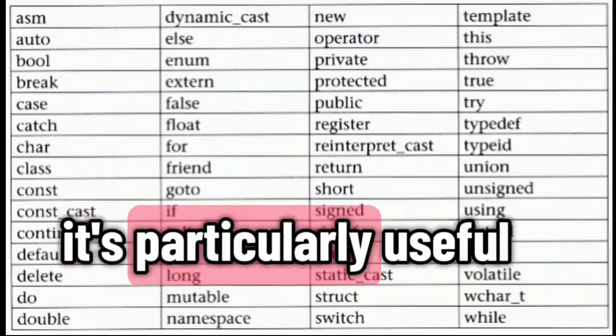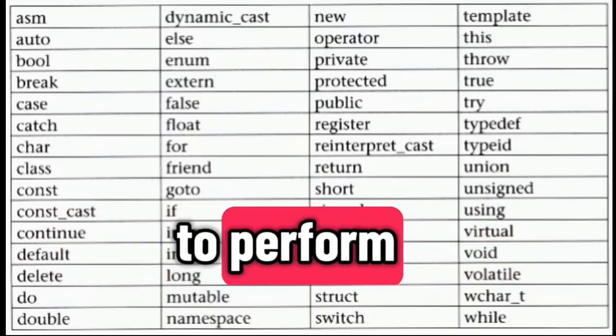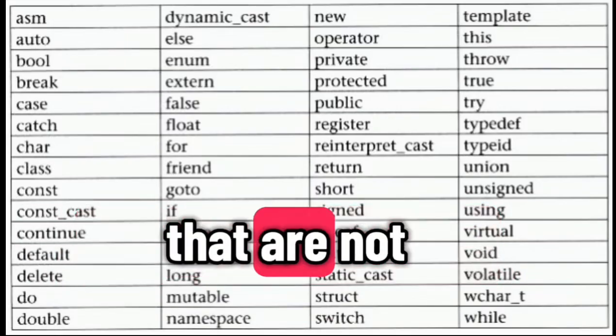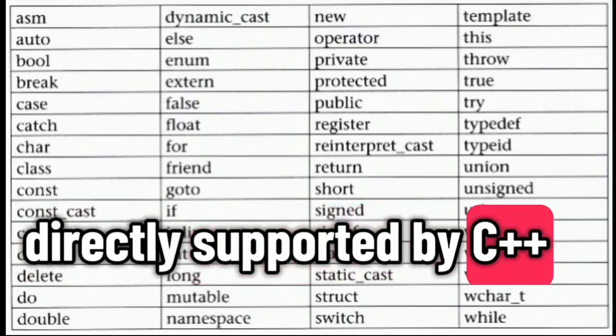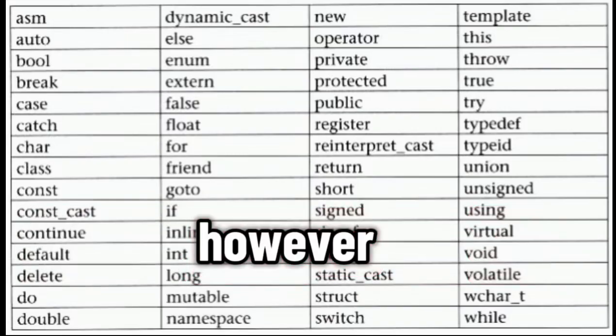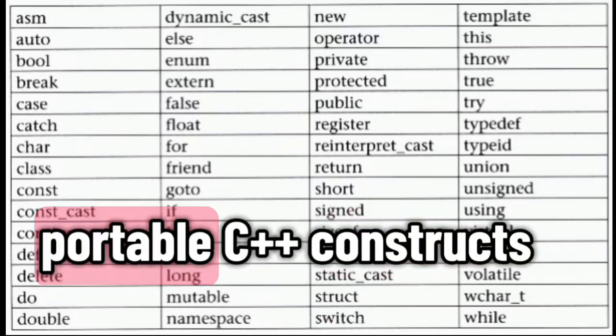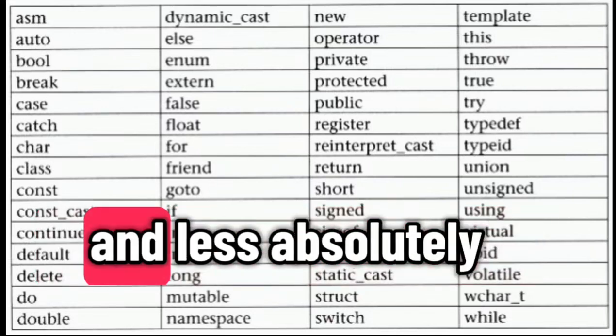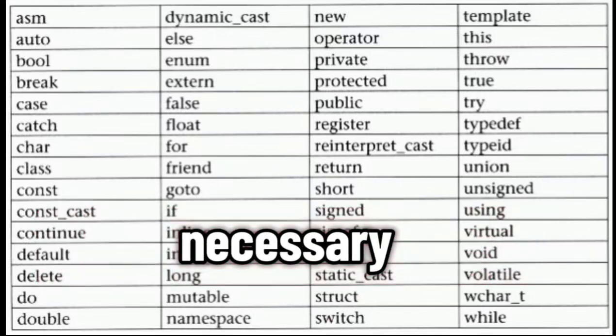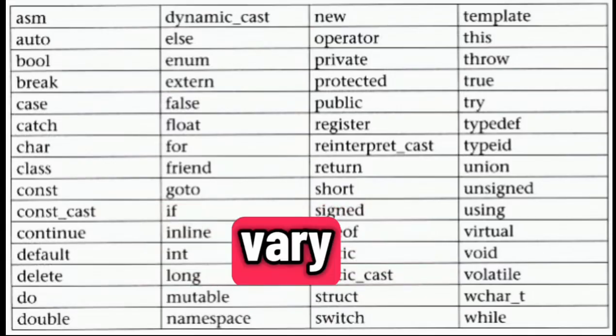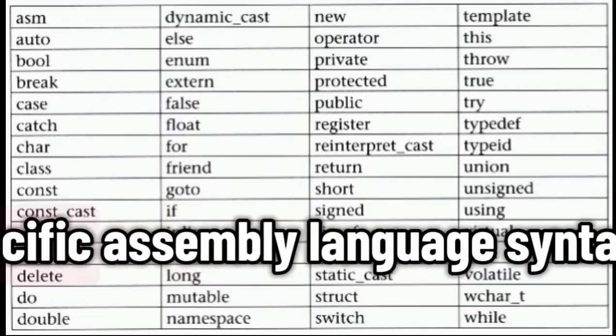It's particularly useful when you need to perform low-level operations that are not directly supported by C++. However, its use is generally discouraged in favor of more portable C++ constructs unless absolutely necessary. Its usage can vary depending on the compiler and the specific assembly language syntax.